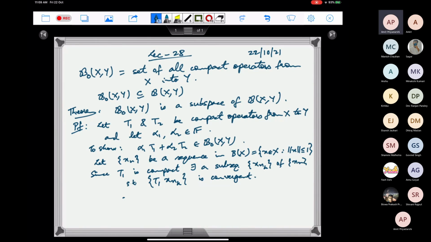And similarly, we have a subsequence such that T2 of that is also convergent.